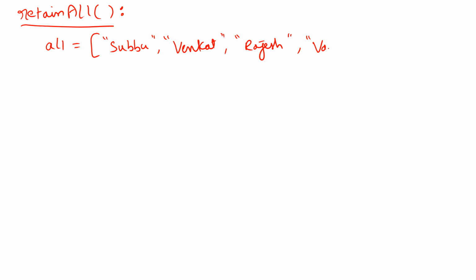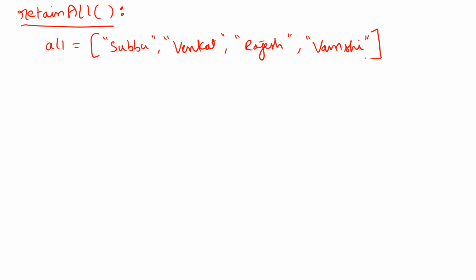So what is retainAll? Let's say I have two array lists. One is AL1 and I have the elements like Subbu, Venkat, Rajesh, Vamshi.